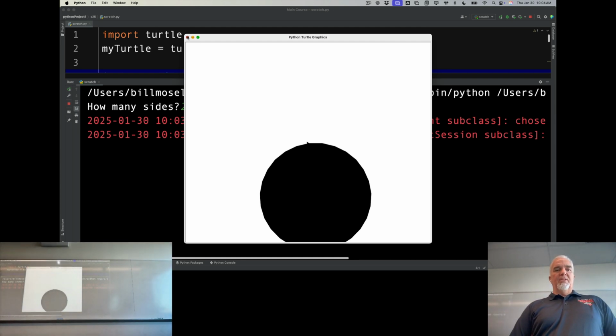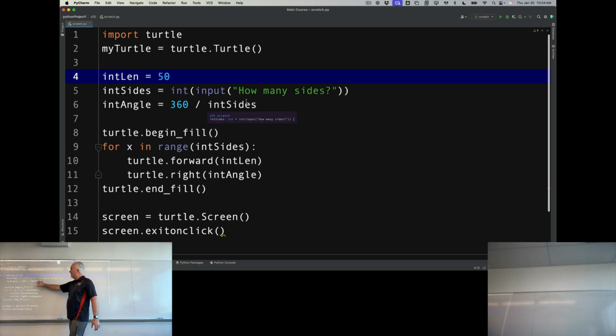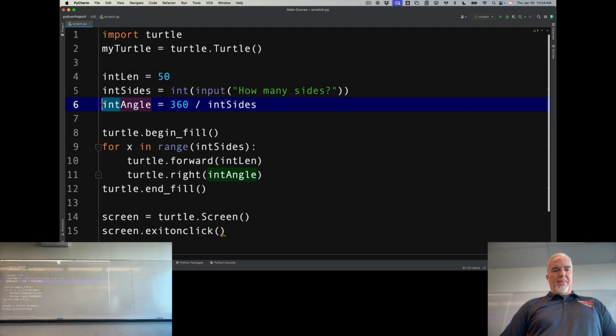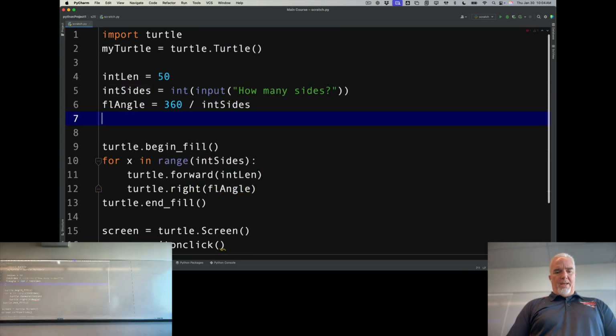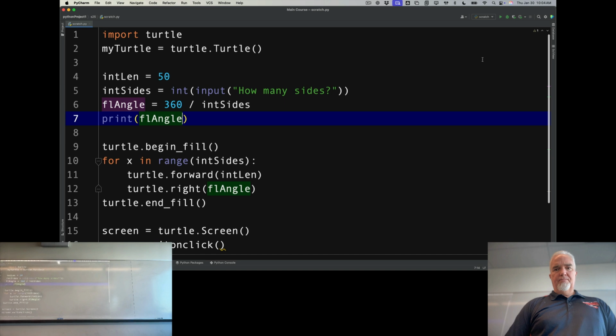So now what I could do here, now notice I'm using division here. So int angle isn't really an int. It's actually a float. And if we put that there, float angle, let's just be proper about this. But if I print that, print angle.